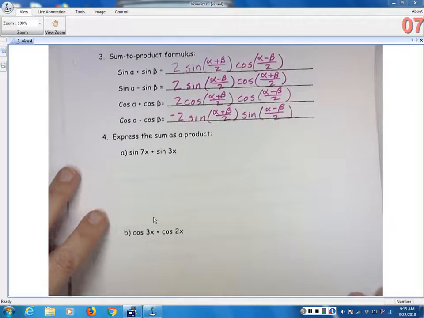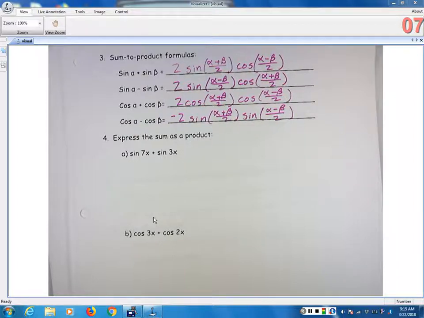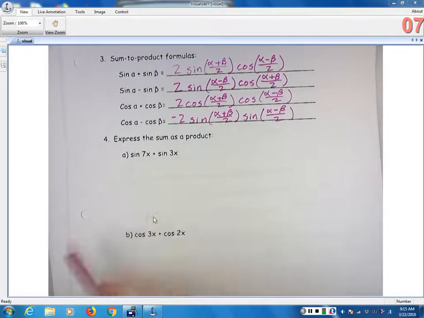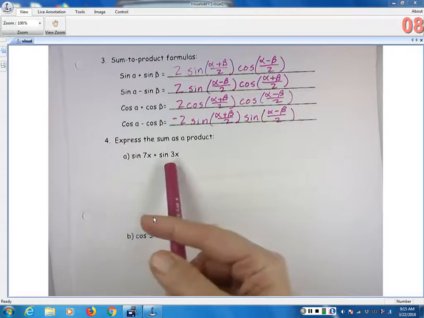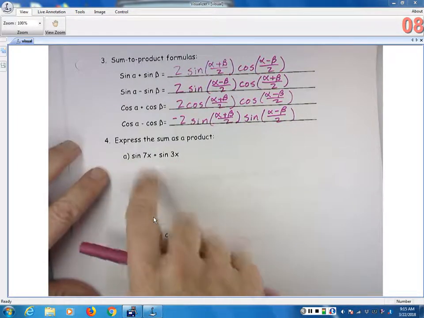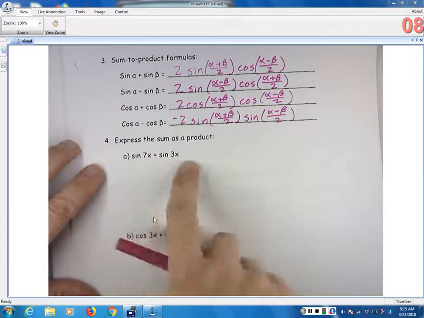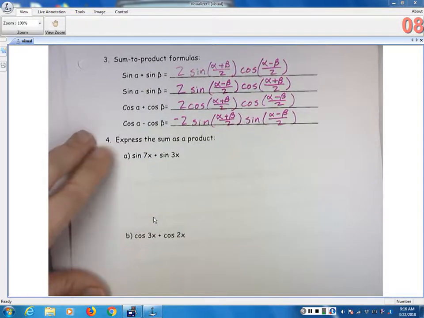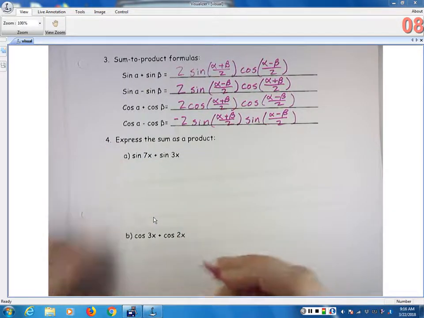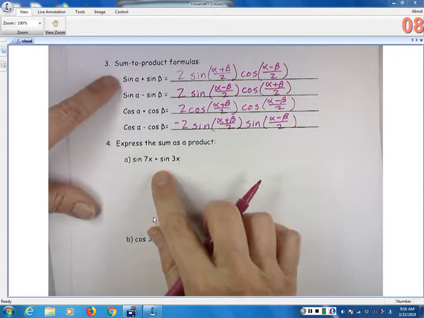All right. So now you want to express the sum as a product. You're going to use these. We've got a sine plus a sine, and so you can't say that this is sine of 10x. You've got to use this formula. So sine plus a sine is this formula up here.